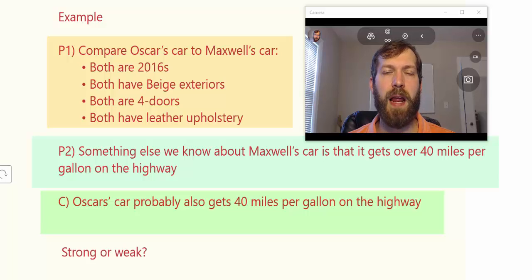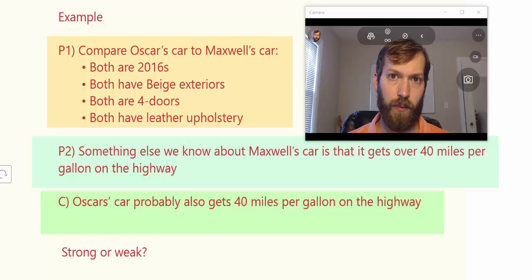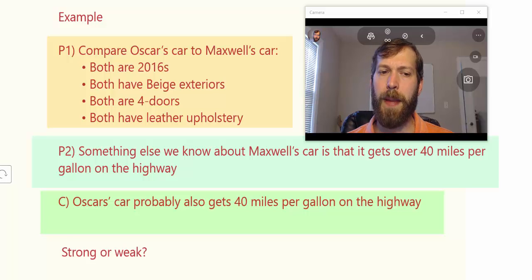Those are the commonalities we notice. Then we find out that Maxwell's car gets over 40 miles per gallon on the highway, and we infer that Oscar's car probably also gets 40 miles per gallon on the highway.